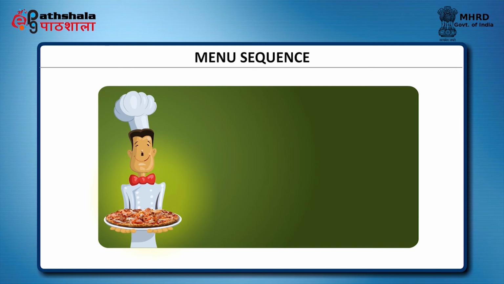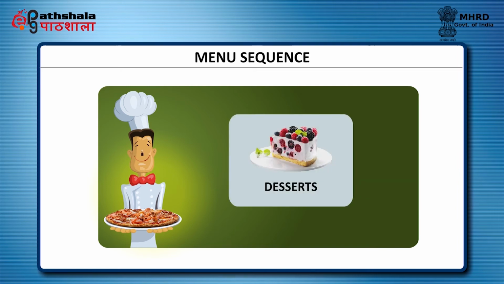The last course is desserts. Desserts may be included on the main menu or presented on a separate dessert menu. Desserts could include the traditional sweets such as cakes, pastries or pies, as well as various types of cheeses.